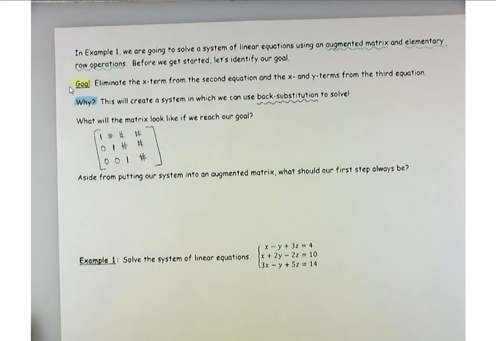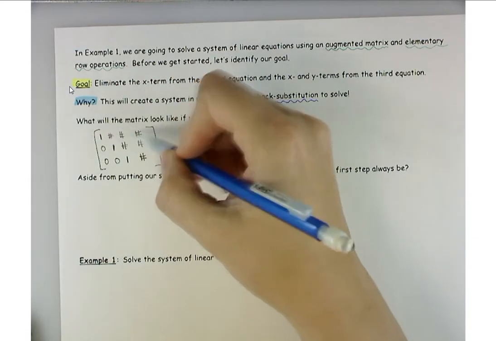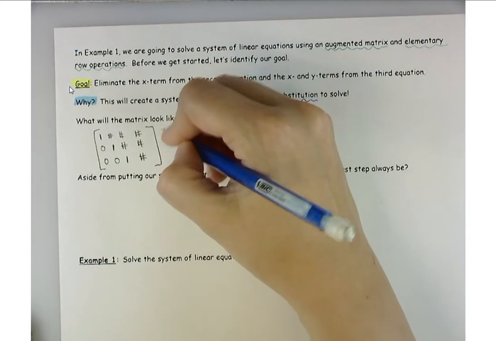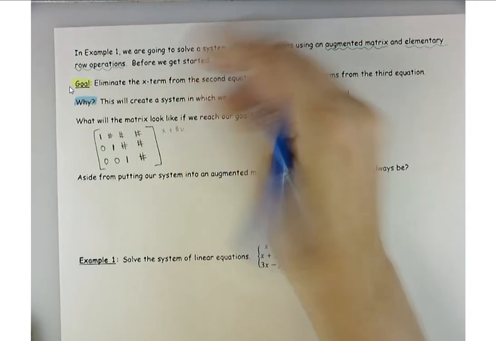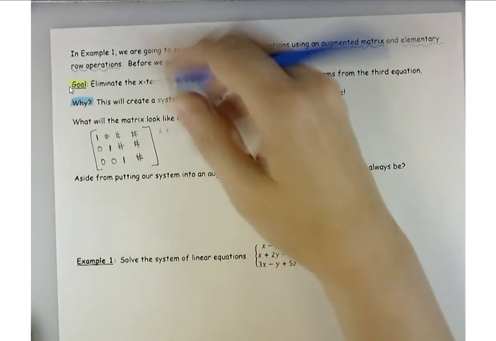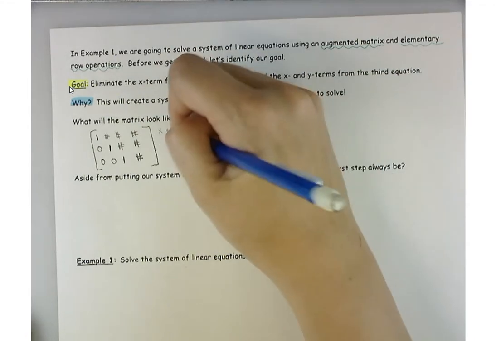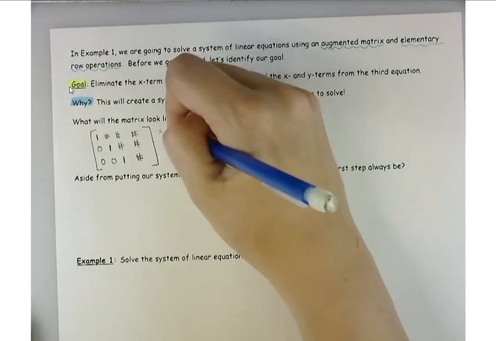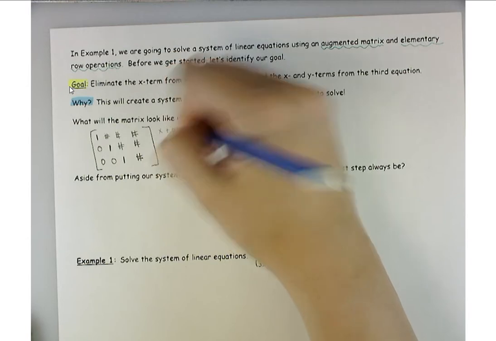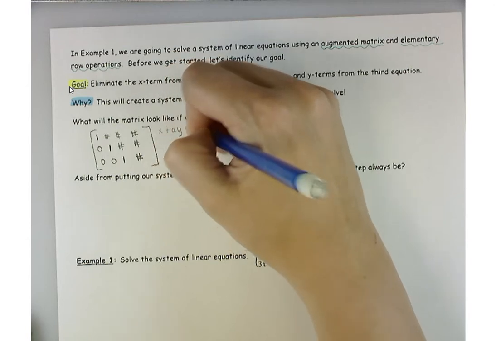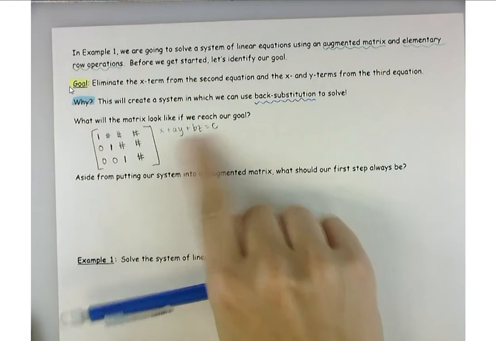Okay, so what this means is in the top row, you'd have x plus some coefficient of y, we'll just use a different one, so ay plus bz equals c, where those are any numbers.